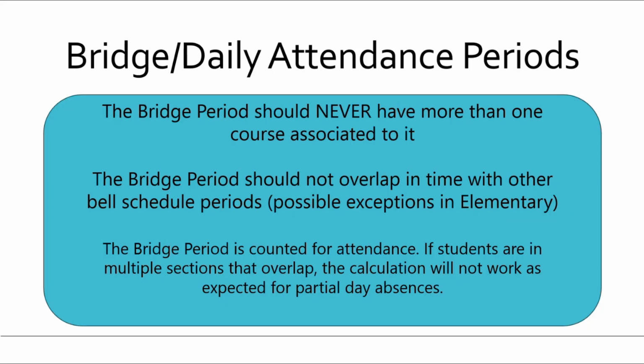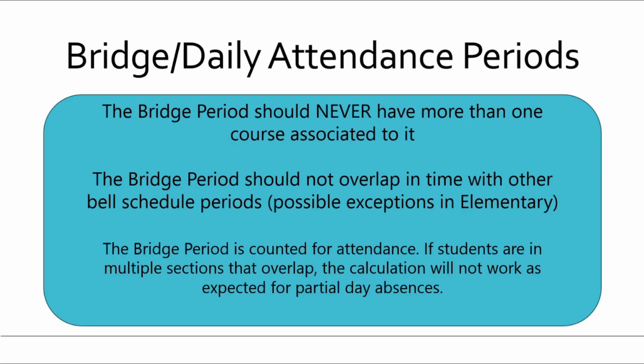Another way to think about that is a student should not be enrolled in two courses within the bridge period. Like I said, we've had more than one instance this year where that has caused issues with the partial day attendance calculation. Sometimes it's just a couple minutes, but as you know, a couple minutes per student per partial day attendance can really add up. So for your bridge period, every student should be enrolled in a course in that bridge period, but only in one course.